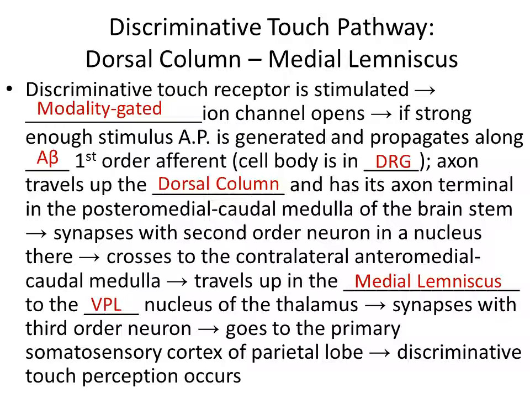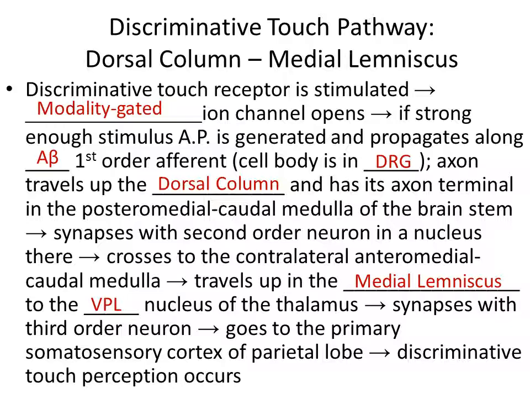In this nucleus, our first order afferent is going to synapse with the second order neuron. The second order neuron is going to cross midline and go to the contralateral anteromedial aspect of the caudal medulla, where it's now going to enter the medial lemniscus.